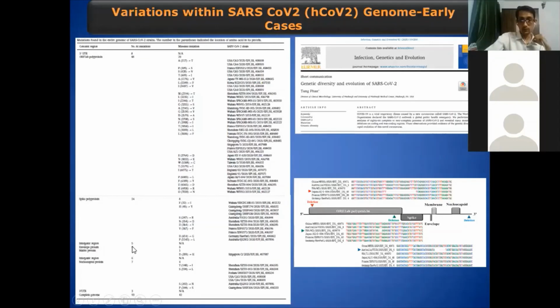Envelope protein, unexpectedly, is not mutating very fast. There are 0 mutations observed, and nucleocapsid also has a very high amount of mutation. Envelope protein is a very small region over here, and no mutations are observed. So in the complete genome, there were 93 mutations observed in 103 isolates.